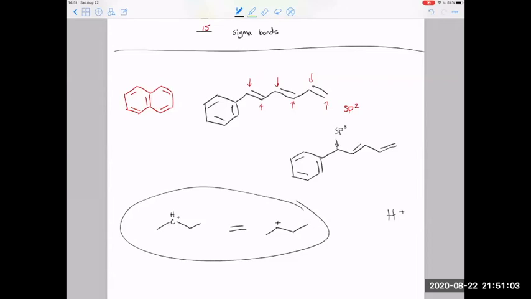No, not as drawn. I could put in one more bond and there would be resonance. Where would I put that bond? On the third to fourth. Yeah, exactly, between carbon 3 and 4. So that would make it so there is resonance. But minus that, no.